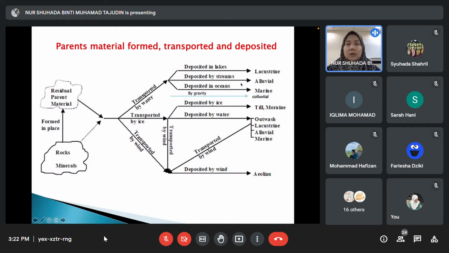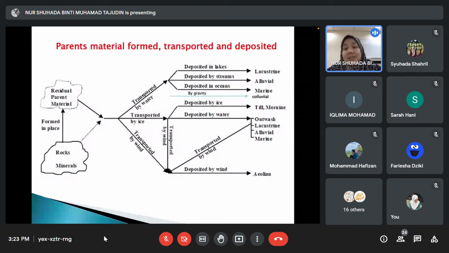If you study soil in detail, dia ada marine alluvium, dia ada river alluvium. Berbeza-beza lagi, but what I want to show you is that how it is formed, what the agent is and where it is located mempengaruhi dia punya names, the names of the transported soil, transported materials.